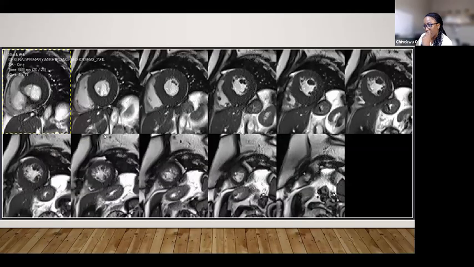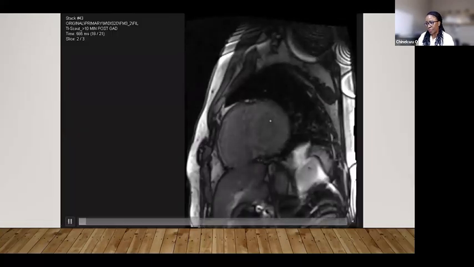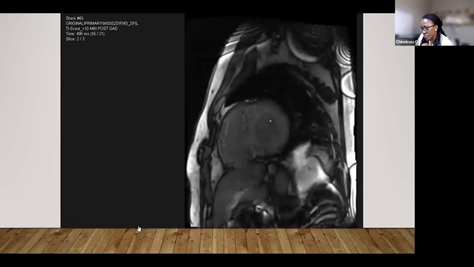So we can see that the hypertrophy is quite global, effectively. It's not asymmetric, from the base to the apex there is hypertrophy. And this is the pattern, myocardial nulling.